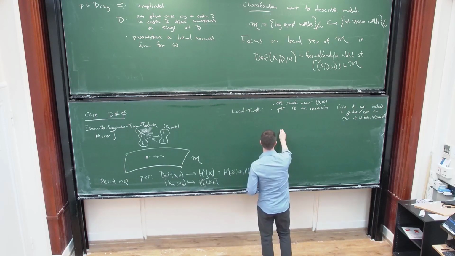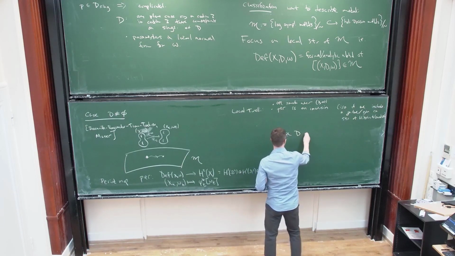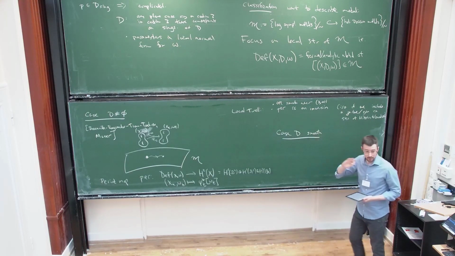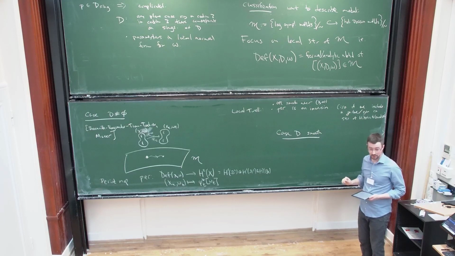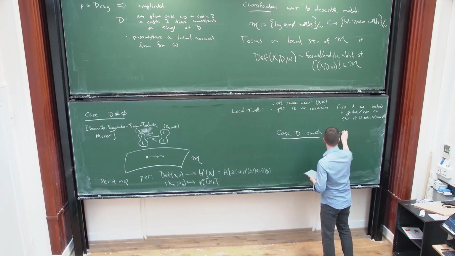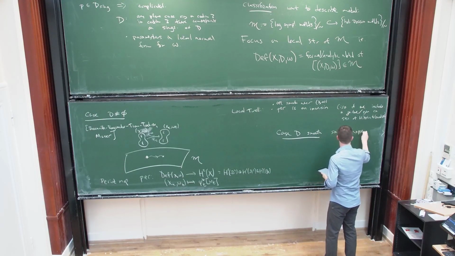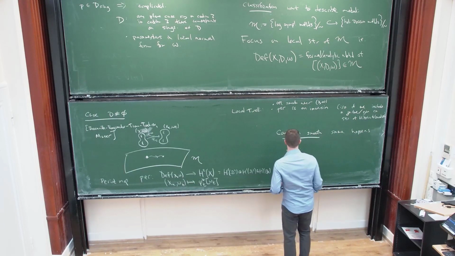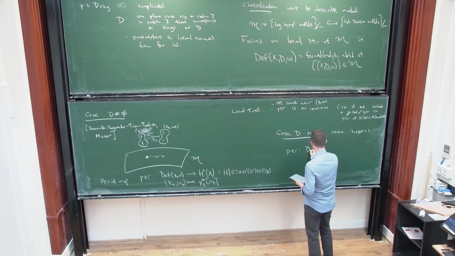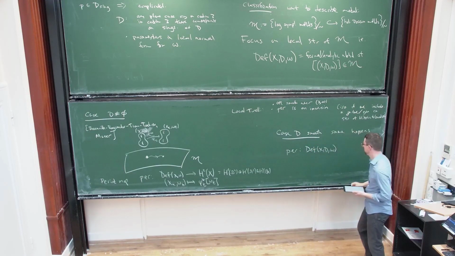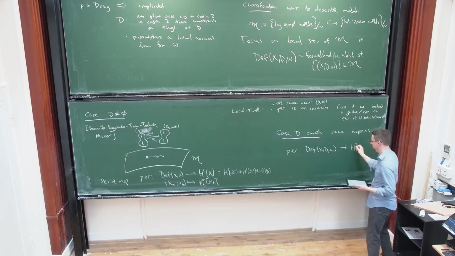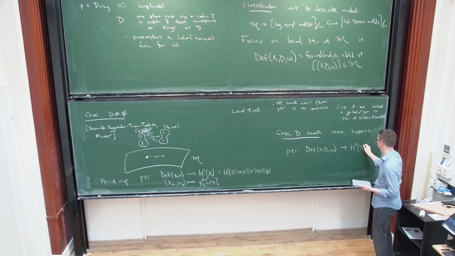And it also explains why, in the case where the divisor is smooth, exactly the same thing happens. The only difference is now the period map from the deformation space to H² takes values not in H² of X itself, but in H² of the complement of the divisor.